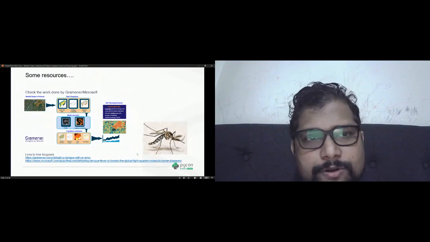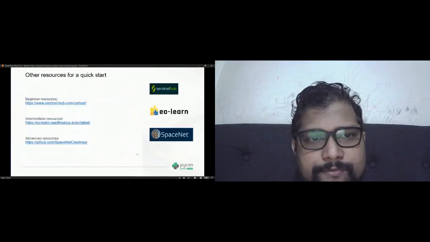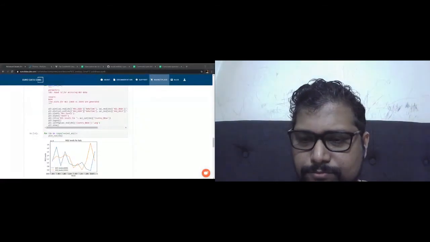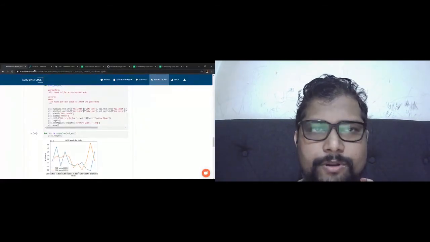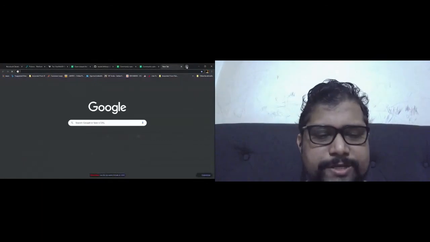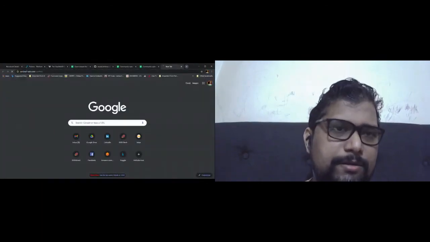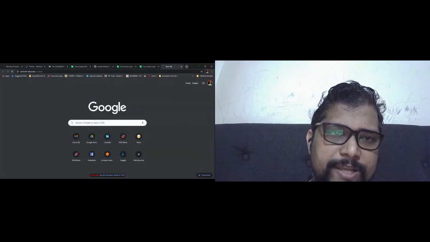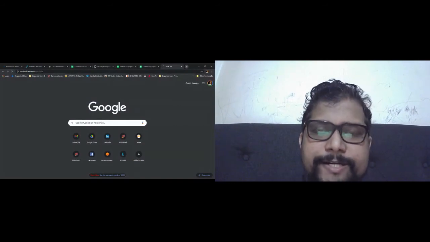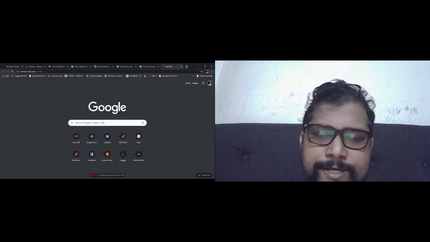I have also grouped the resources on their difficulty level. So let me show you my browser, and I will show you the Sentinel website. Sentinel-hub provides a playground where you can access all the Sentinel data from all the Sentinel websites.